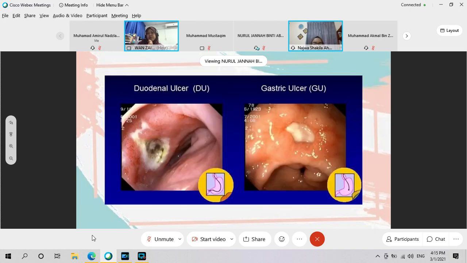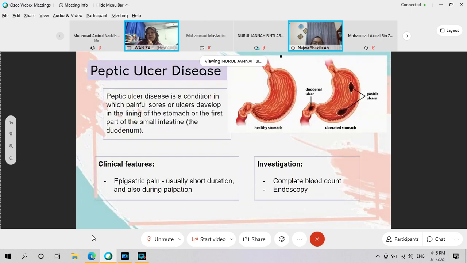Tunggu. This is the, okay. Baik, patah balik. Clinical features tak cukup. What are the clinical features?